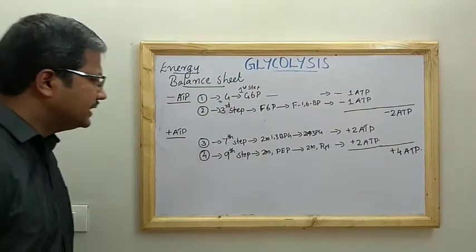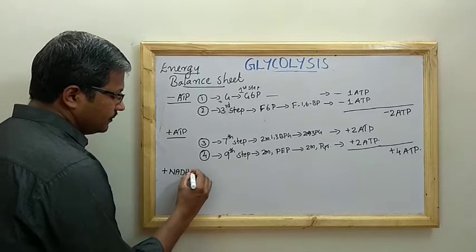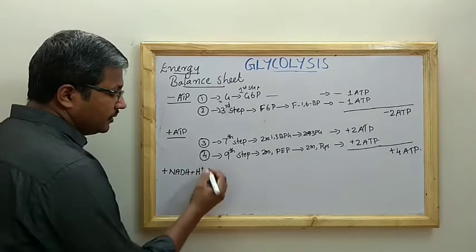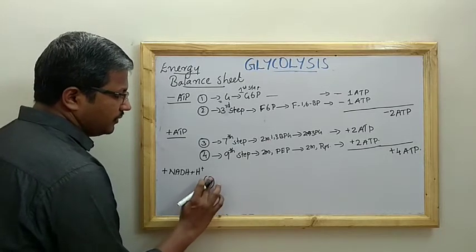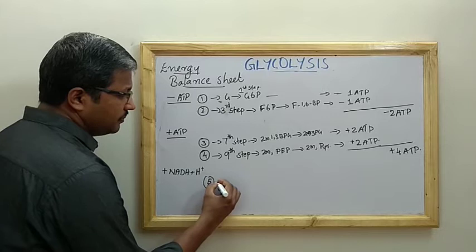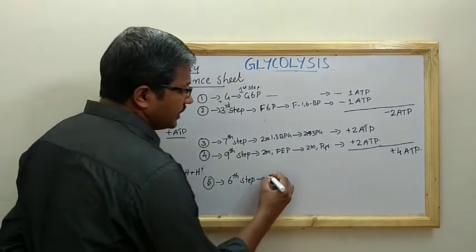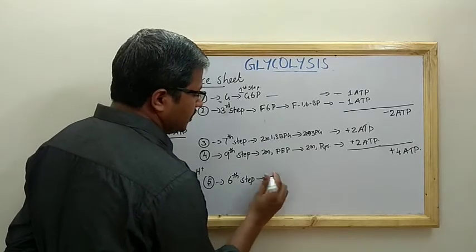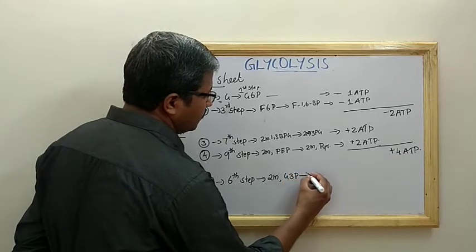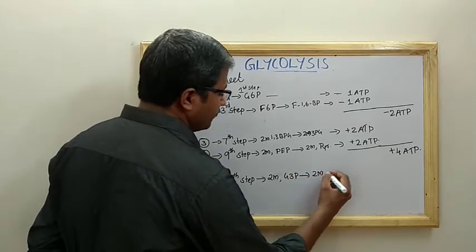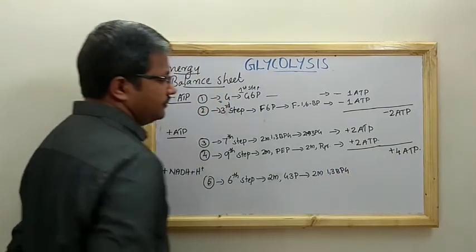Now there is another reaction, the addition of NADH. Where is that particular step? It is in the sixth step. So the fifth one will be the sixth step, where 2 molecules of glyceraldehyde 3-phosphate are converted into 2 molecules of 1,3-bisphosphoglycerate.